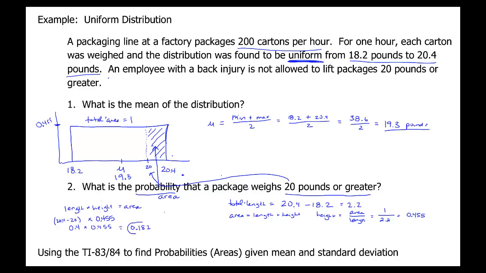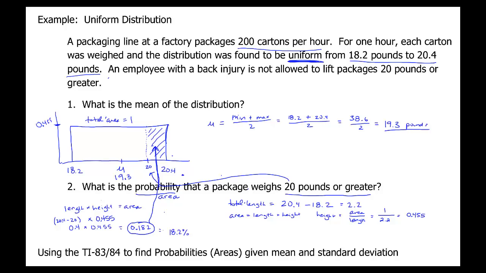So this is the area of the shaded spot in the diagram, and area is always the same as probability. So that's our answer, and you can leave it as a decimal, or you could say 18.2%. Either one would be acceptable.